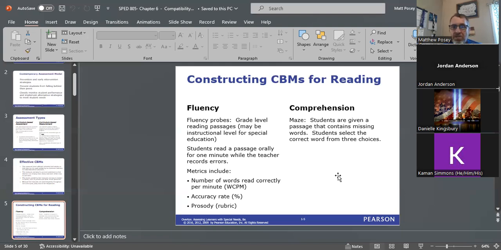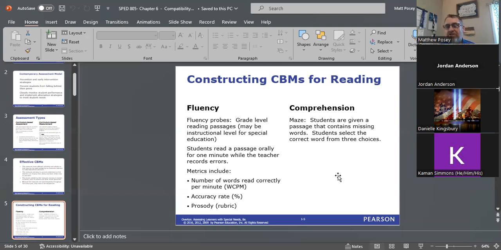Comprehension, a lot of times we look at what's called the maze test. So students are given a particular passage and the teacher, you might pull a passage and you'll go in there and white out certain words. Okay, you're going to make sure there are missing words in there. So you're going to ask the student to read that.